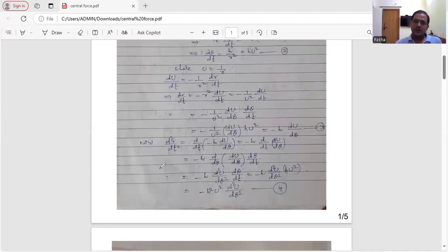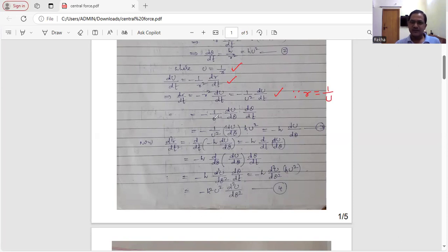Now u is equal to 1 by r. Differentiating this with respect to time, du by dt equals minus 1 by r square dr by dt. Again from this, writing dr by dt as the subject, dr by dt equals minus r square du by dt, that equals minus 1 by u square du by dt, since r is equal to 1 by u.